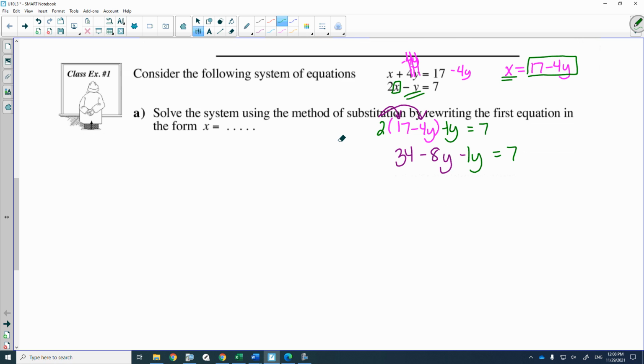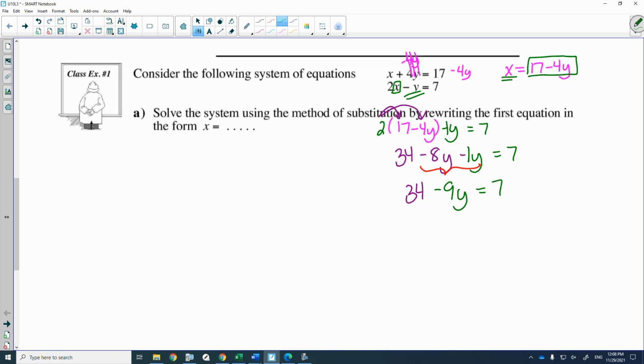You'll join, there's always going to be like terms that you could join together. In this example, it's the y's. So it's going to be 34, and then -8 minus 1, that gives you -9y's, and that's equal to 7.